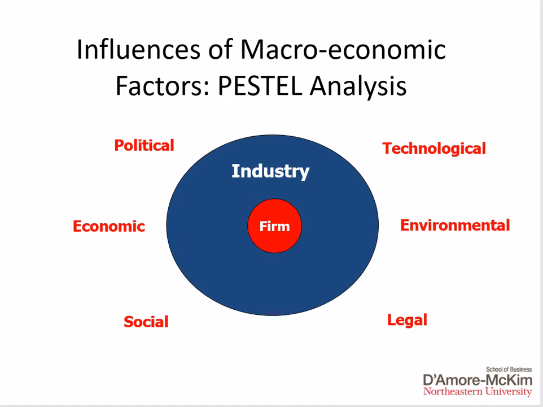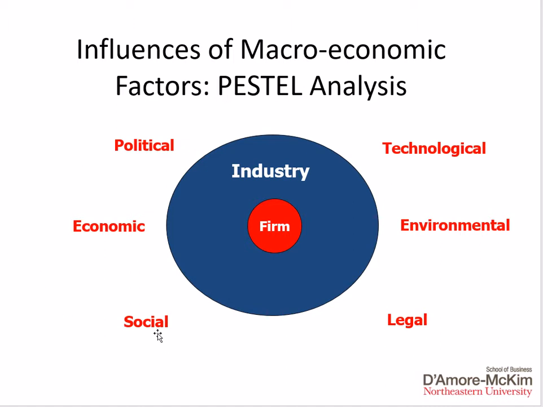In the economic category, you'll look at things like maybe it's changes in interest rates, or changes in discretionary income, or maybe it's tax changes, or currency events. So you're identifying key trends within the economic sphere that is influencing industry profitability and industry behavior.